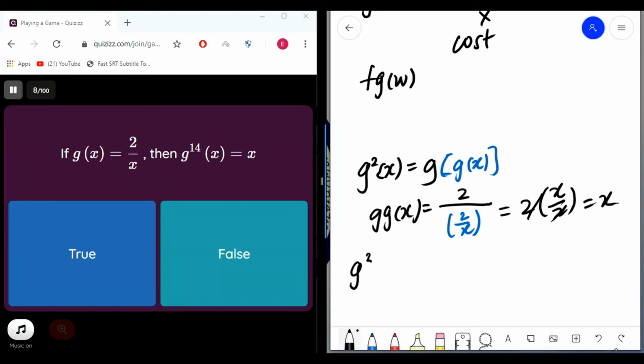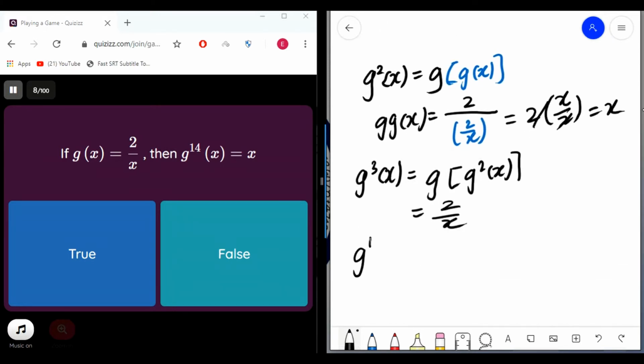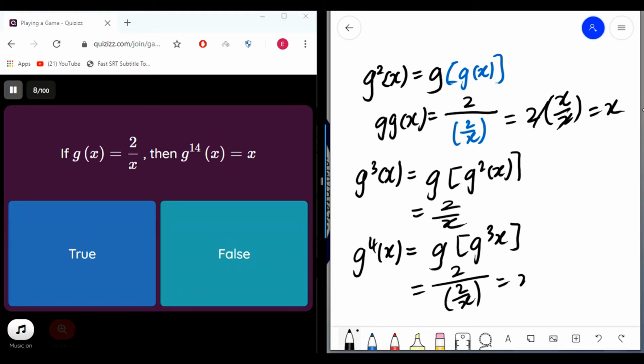Then if we have g cube x, it is actually equal to g of g square x. We know that g square x is just x, so g cube x will just be 2 over x. Continue. g to the 4th x will be g of g cube x. We know that g cube x is 2 over x, so it will be 2 over 2 over x, which is x.